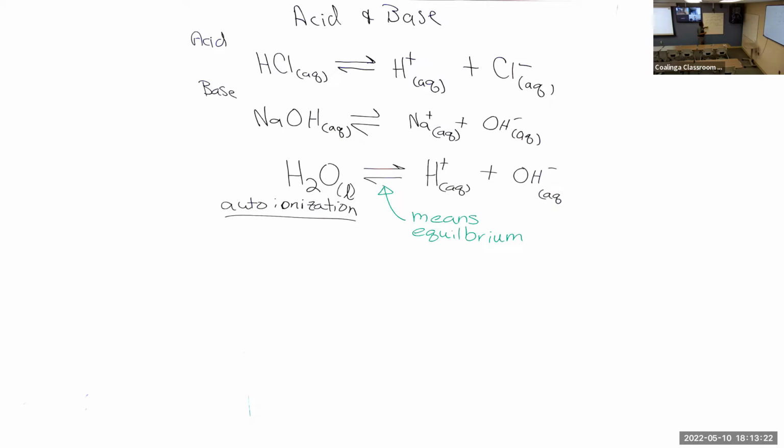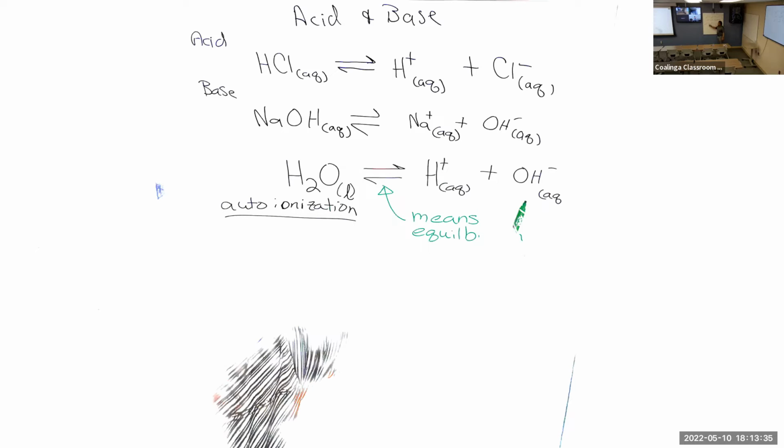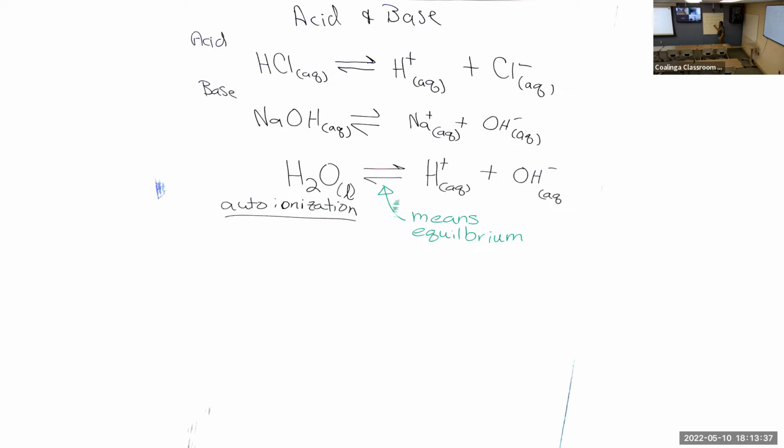Okay, so this here basically means equilibrium. Like I said, in this direction it goes from reactant to product to make our products, and then it goes back at the same speed. That's essentially what equilibrium means.